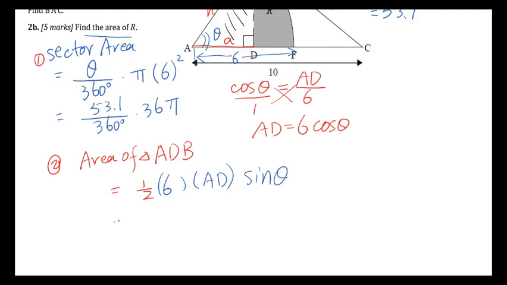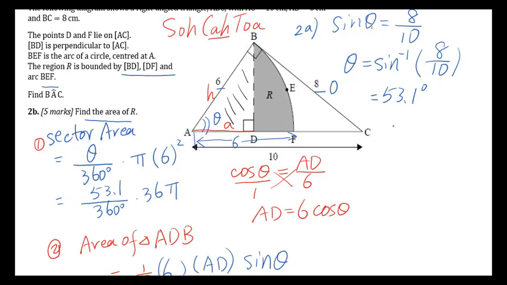So we plug in: 1/2 times 6 times AD, which is 6 times cosine theta, times sine theta. According to this diagram, sine theta equals 8/10, and cosine theta equals 6/10.